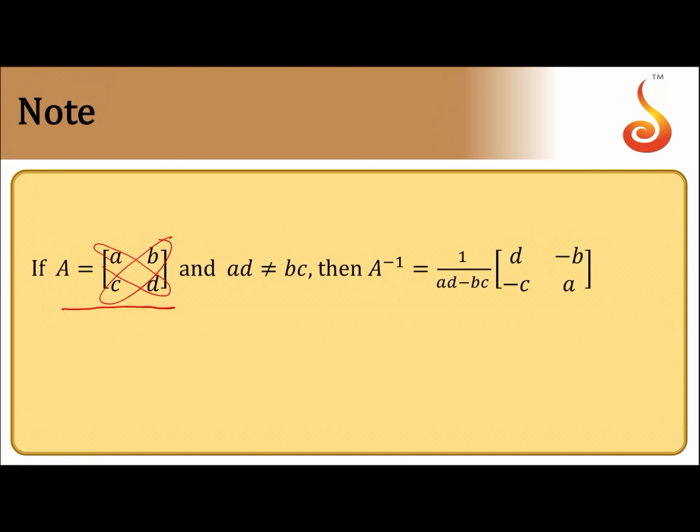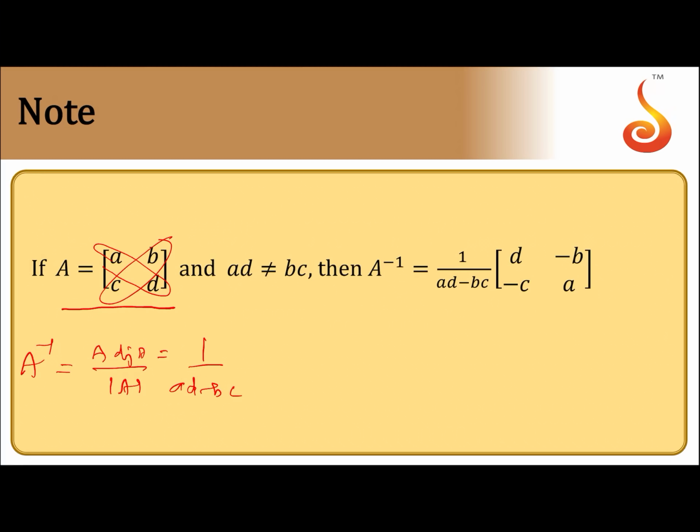Of course, this is the same as adjoint A by det A, which is nothing but A inverse. Det A for this one is nothing but AD minus BC.